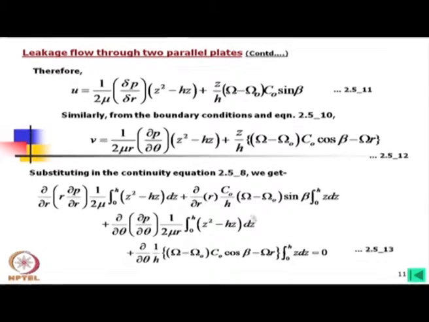This means that for incompressible fluid we find this whole is equal to 0.